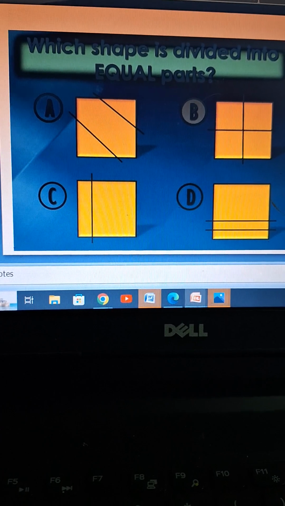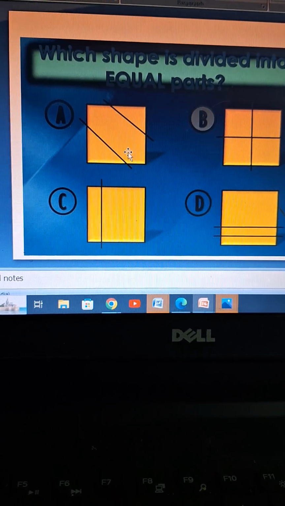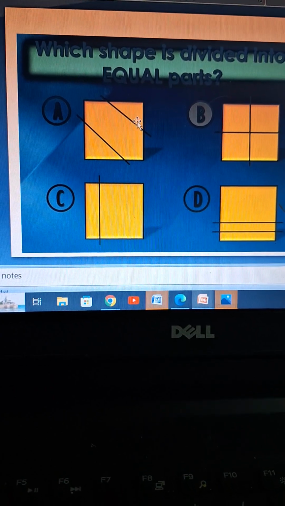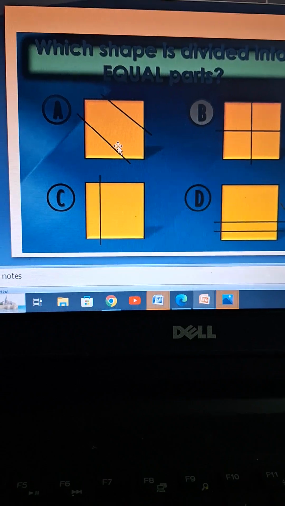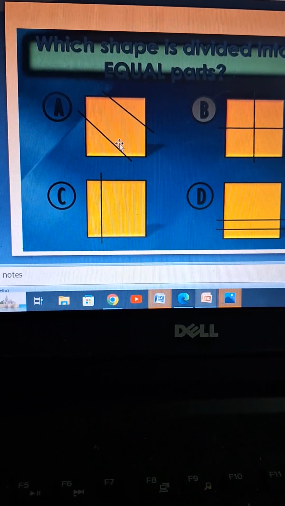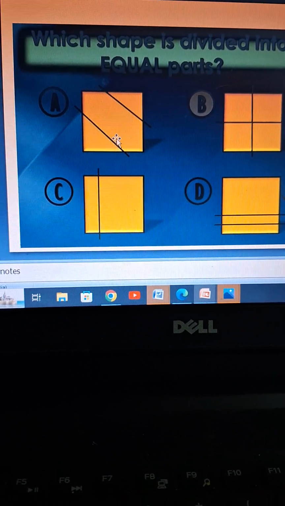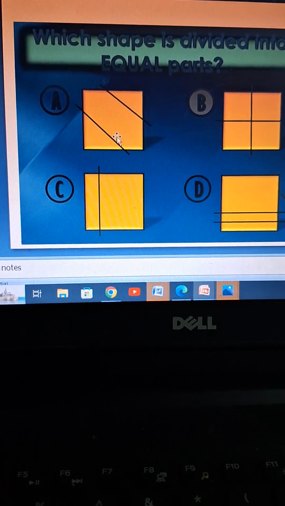Now let us see this. Fraction means part of a collection or a whole. But in this case, we can see that the whole thing is not divided equally. So a fraction is a part of a whole which is divided equally into parts, or a part of a collection where the collection is divided equally.